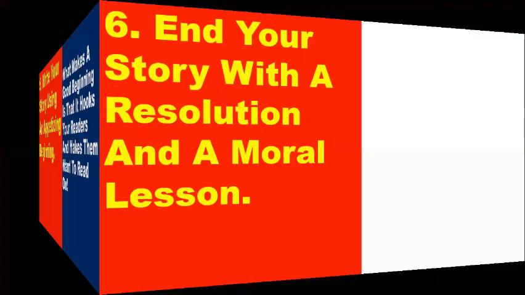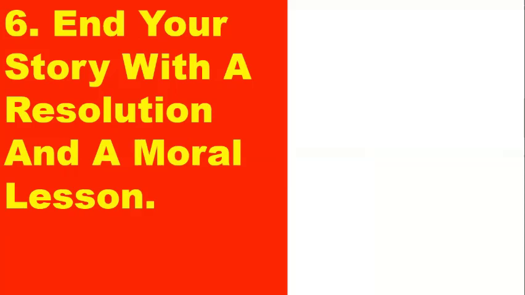Now, the next one, which is step 6, is to end your story with a resolution and a moral lesson. Very important. Every good story presents a conflict that puts the main character in a kind of dilemma or predicament. It's a very serious problem, okay?